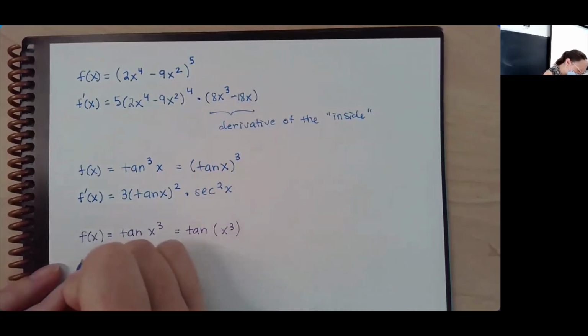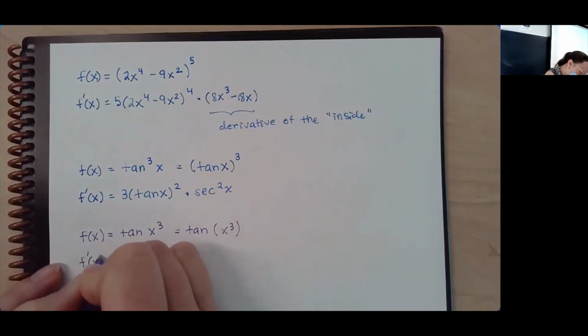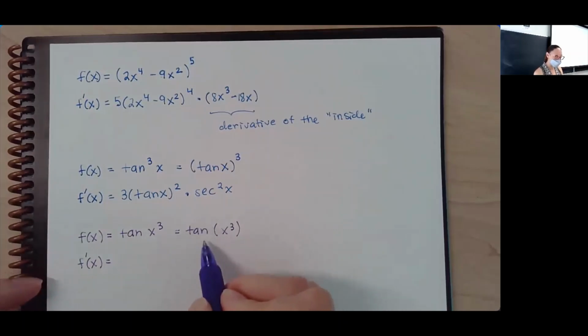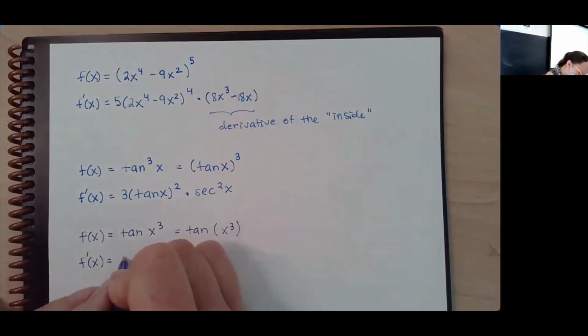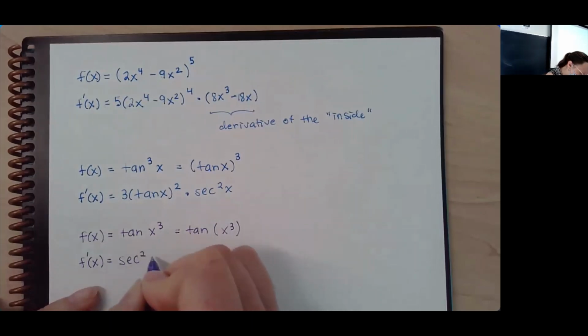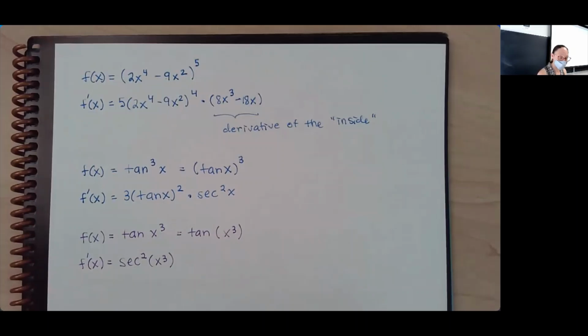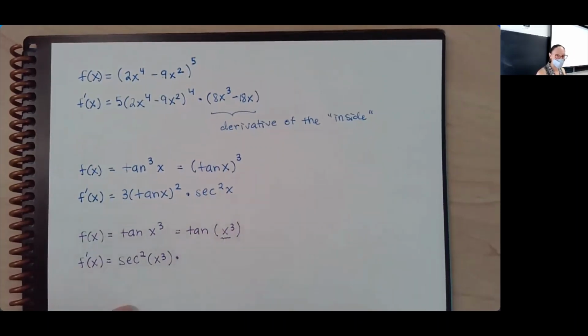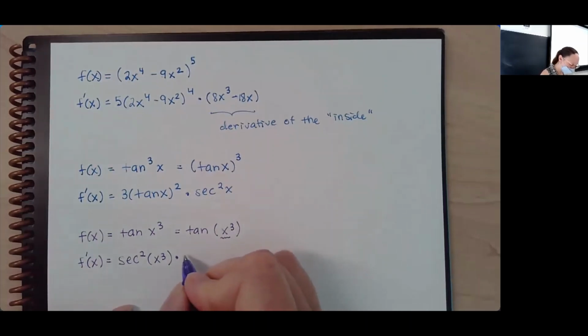So when I go to take this derivative, I look at that outside function, which is tangent, and I take its derivative. So the derivative of tangent of something is secant squared of something. And then the chain rule says I multiply by the derivative of what was on the inside. And the derivative of x cubed is 3x squared.